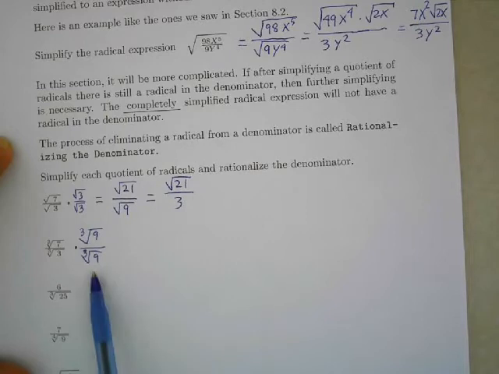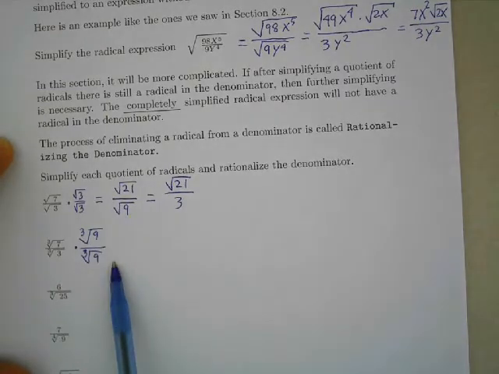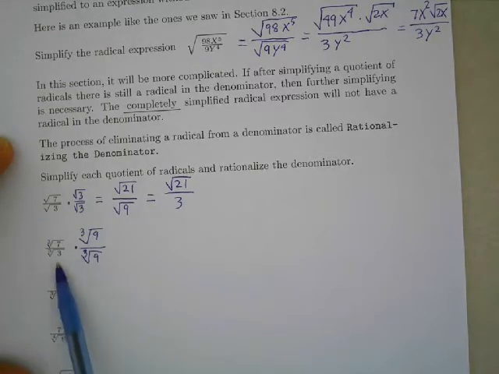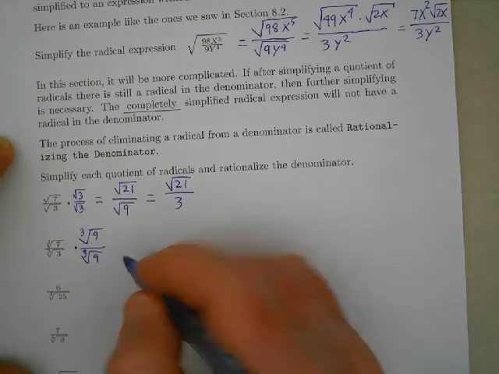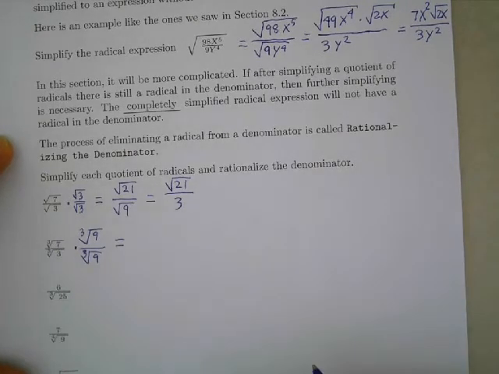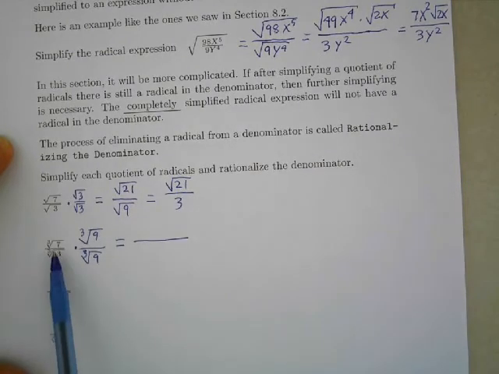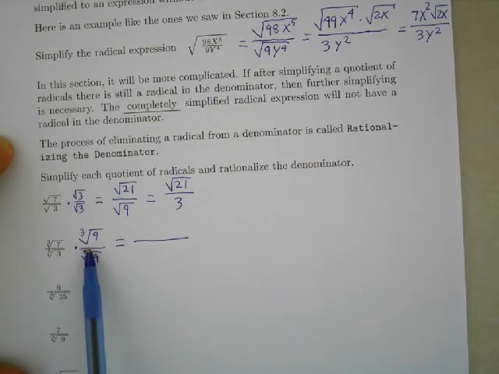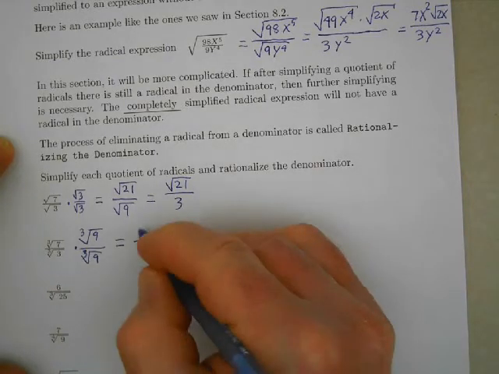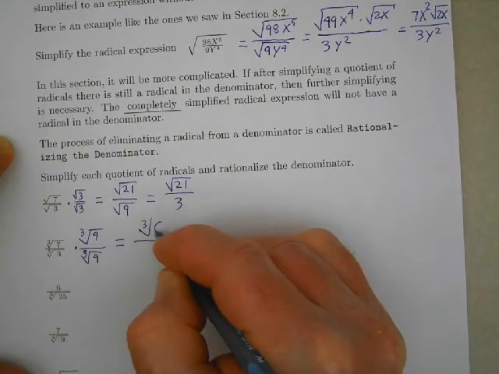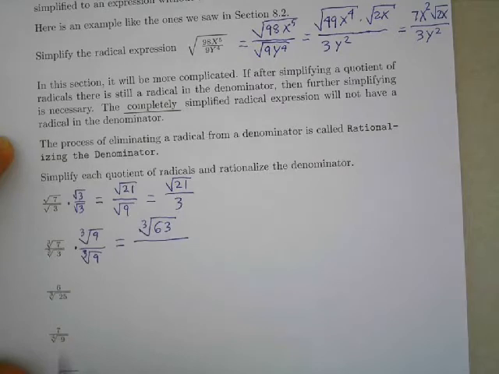All we are doing is multiplying by 1, and so we're not changing the value of the number. We're just changing its form. In the numerator, the cube root of 7 times the cube root of 9 is the cube root of 63, because 7 times 9 is 63.